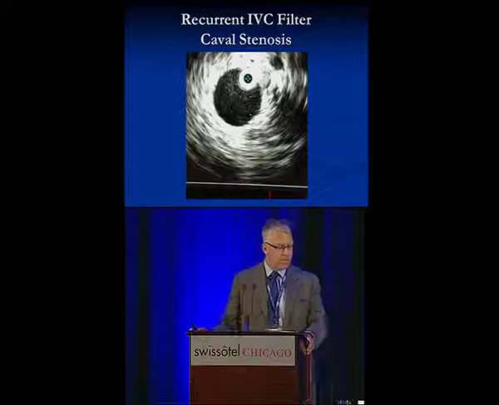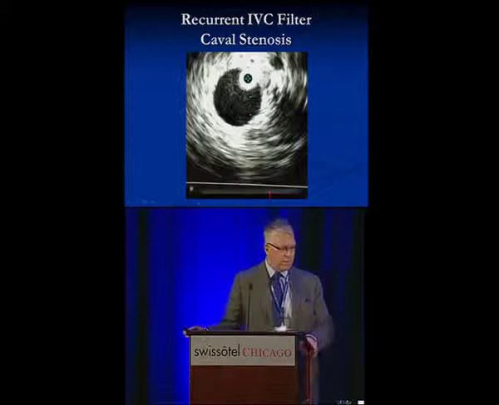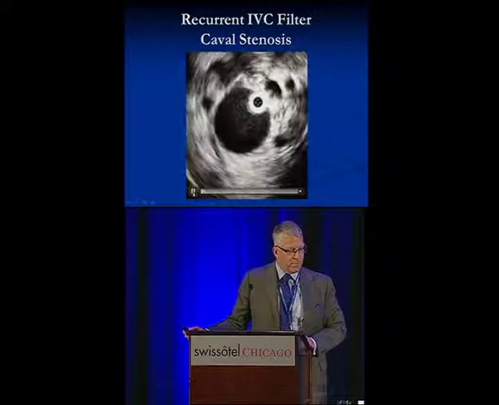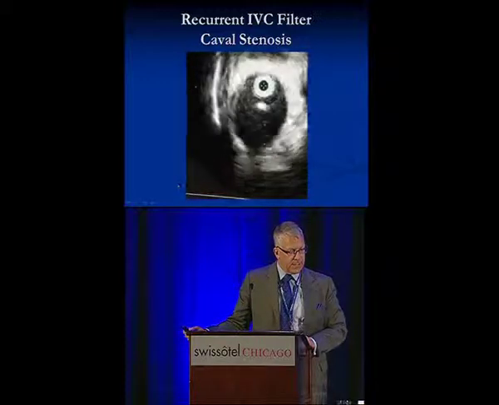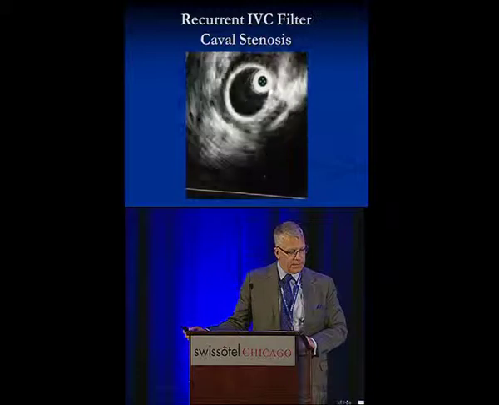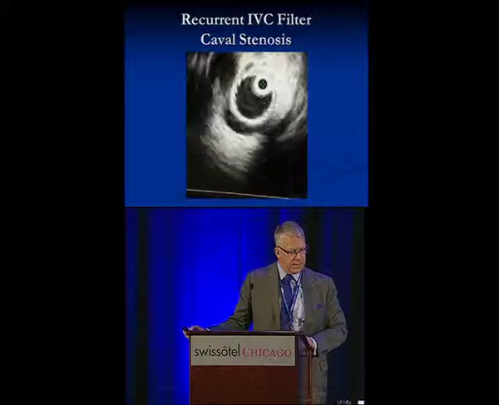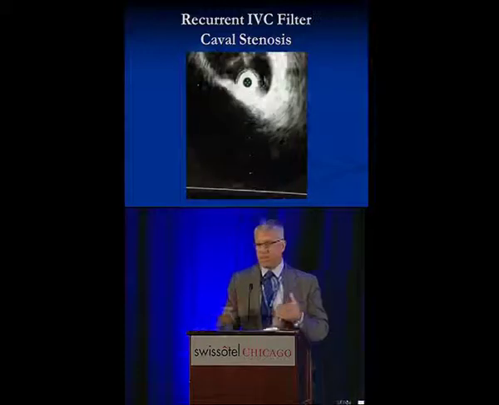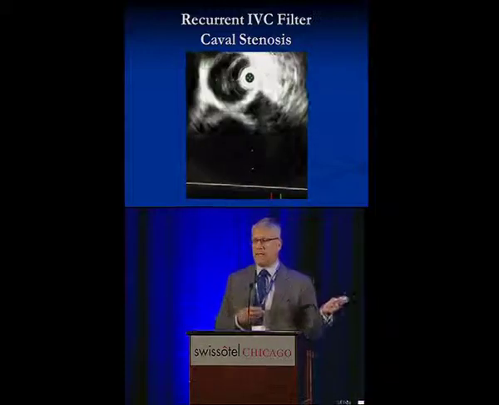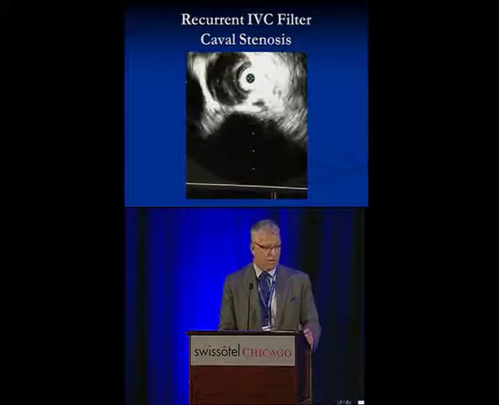Let me play it one more time. So pull back, normal retrohepatic cava, keep coming back. There you can see the stenosis, then even some in-stent restenosis right there. So I personally think that's a lot more diagnostic than the single planar cavogram.